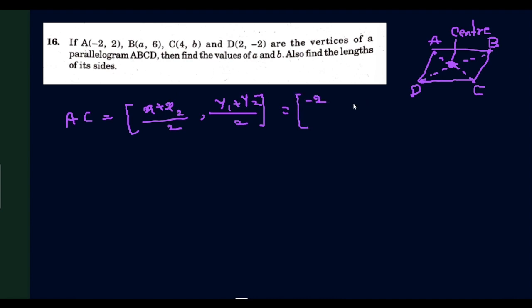Minus 2, and y is B. And coming to C, it is plus 4 by 2, and for C we have two terms, that is 4 and 2.